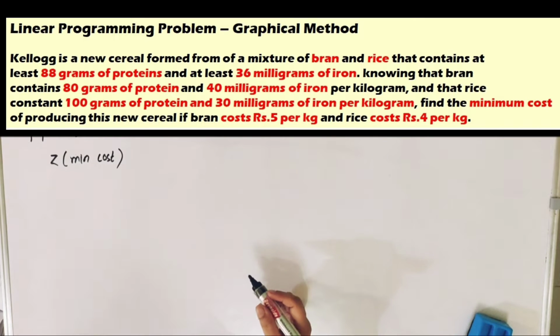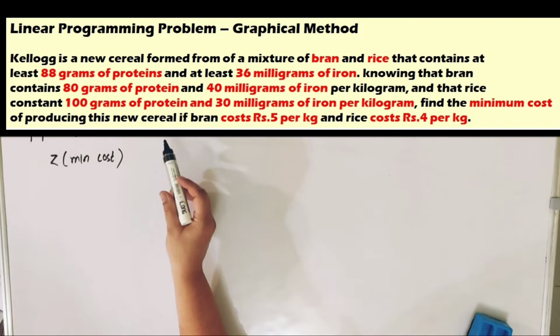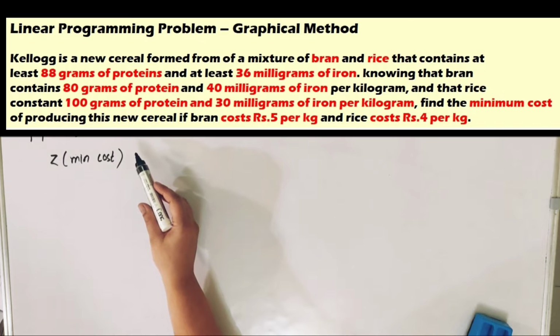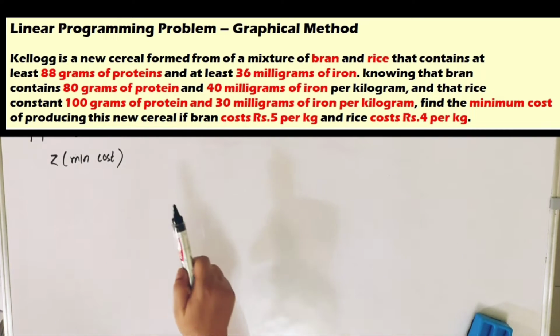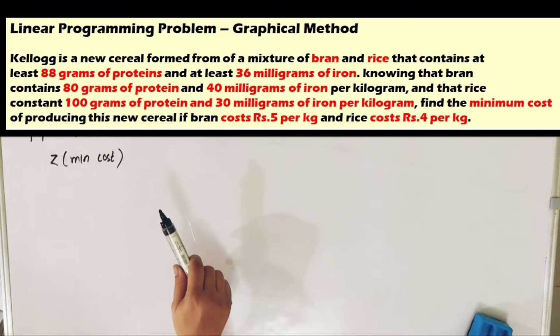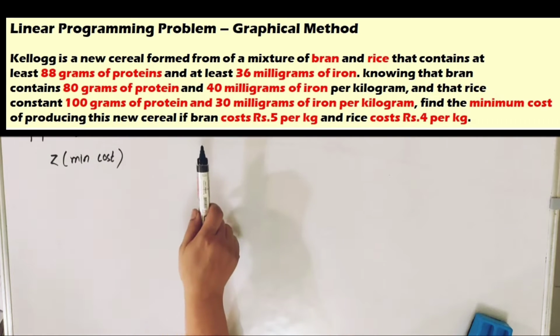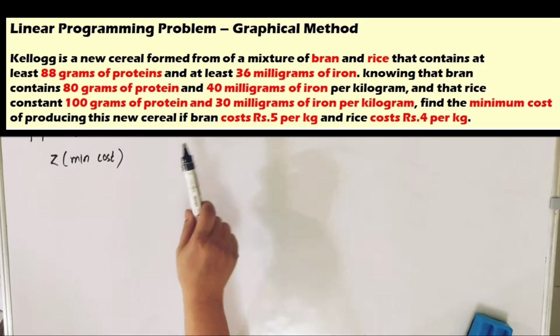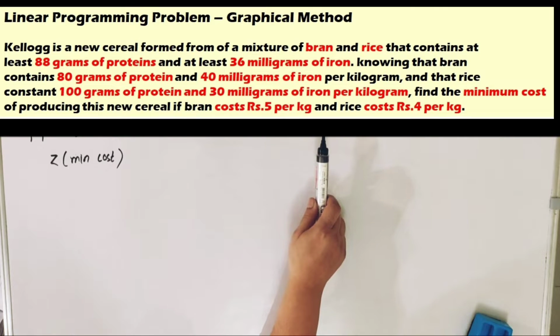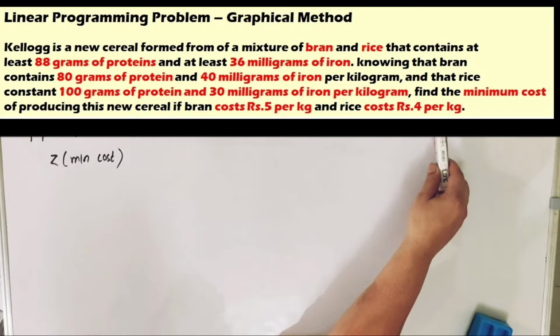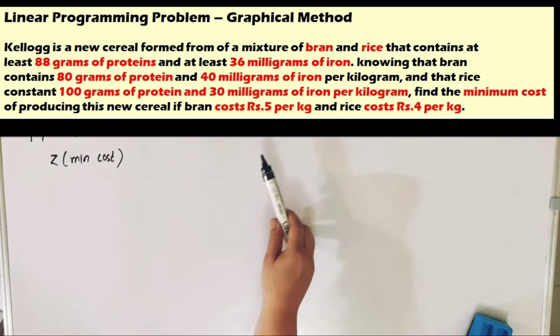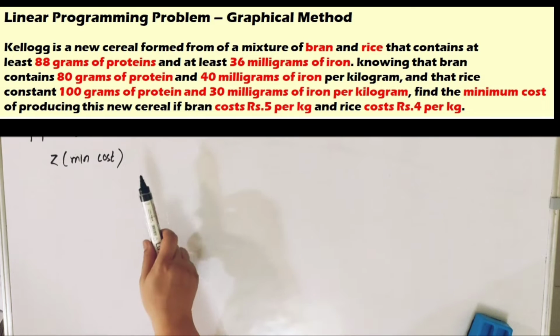Now in this example, there is a new cereal being formed by Kellogg using a mixture of bran and rice. There is a minimum requirement of proteins and iron in this mixture. Rice contains a certain amount of protein and iron, and bran contains a certain amount of protein and iron.